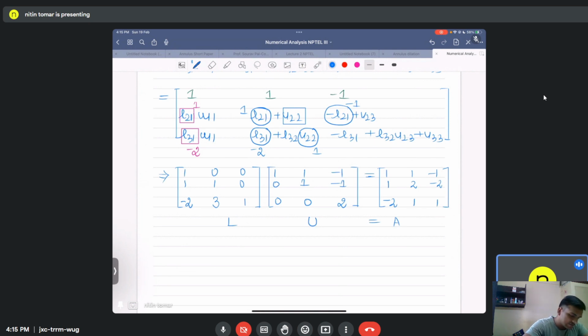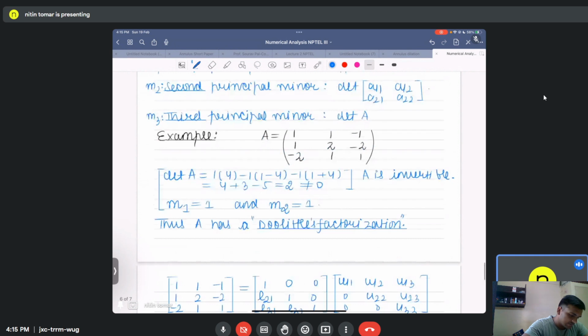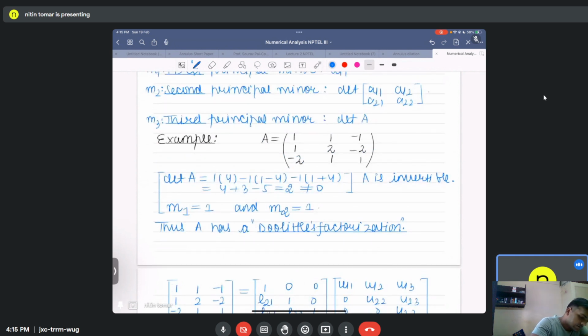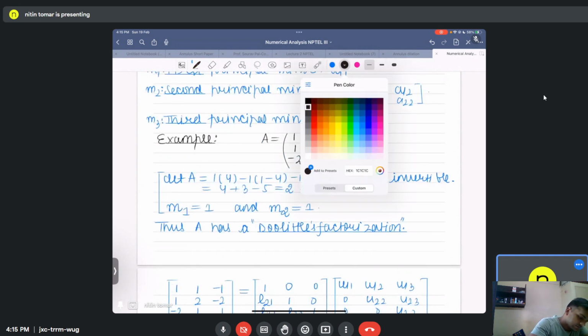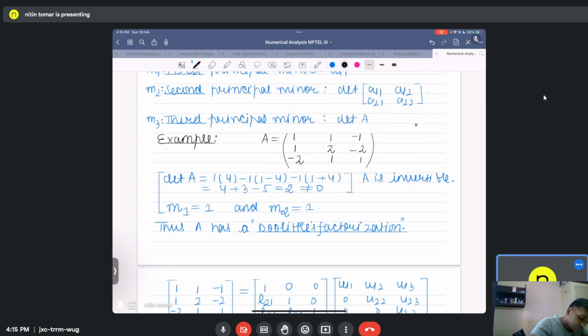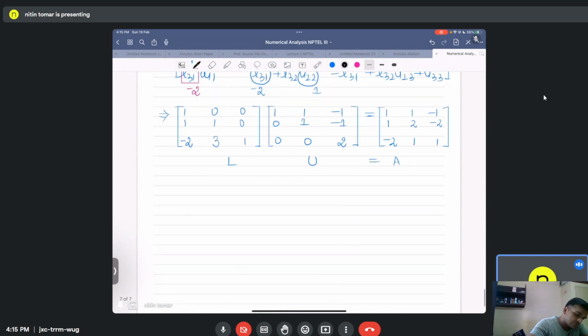Now let us solve this system. Let b equal to 1, 1, 1. Can you solve this system? So what do we have to solve? What is the aim? To solve Ax equal to b, right?